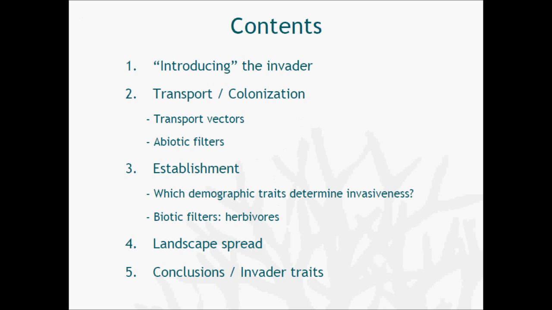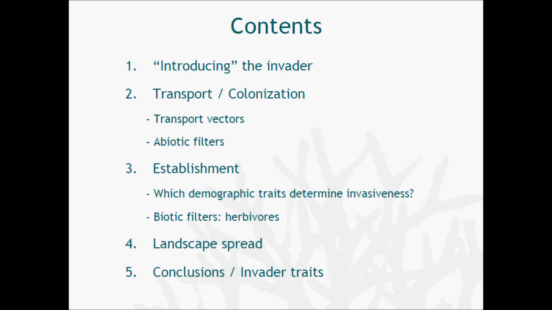going back to the colonization, you have two important things, which are the transport vectors and the abiotic filters, meaning there are ecophysiological conditions for the plant to be there. And then the establishment, to develop populations that are stable and can grow.